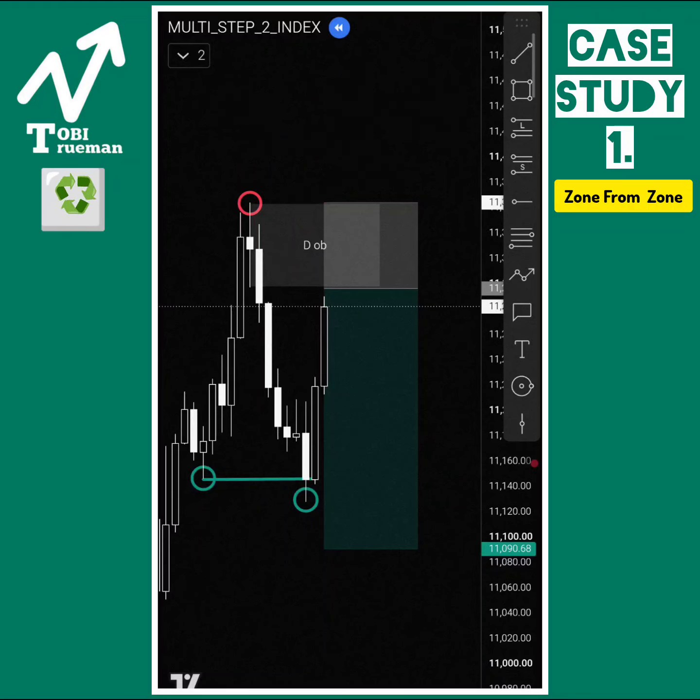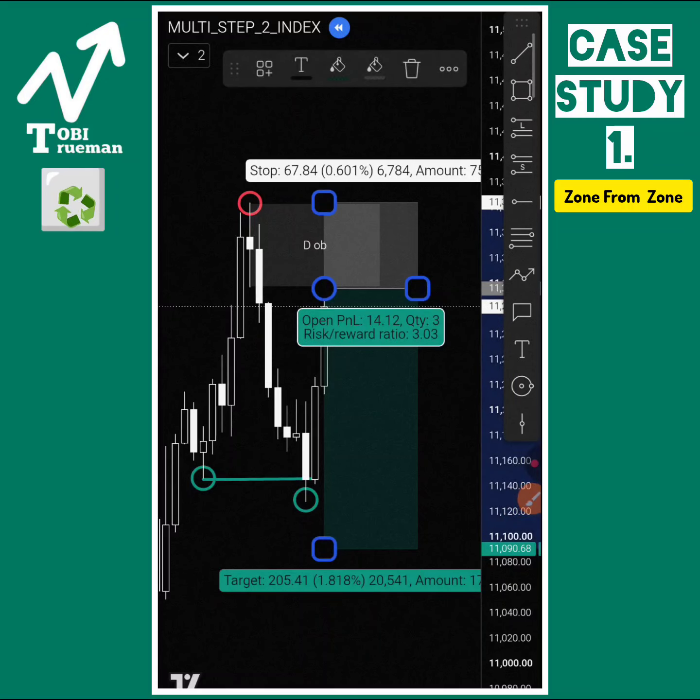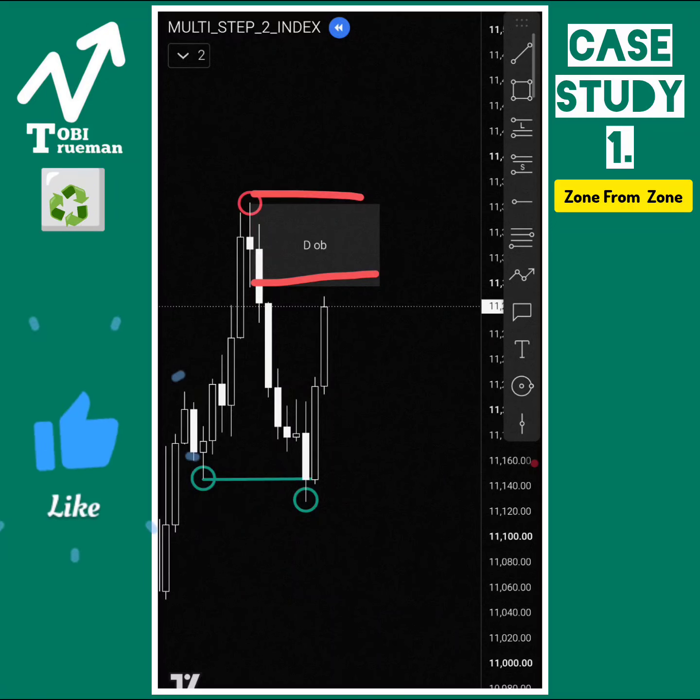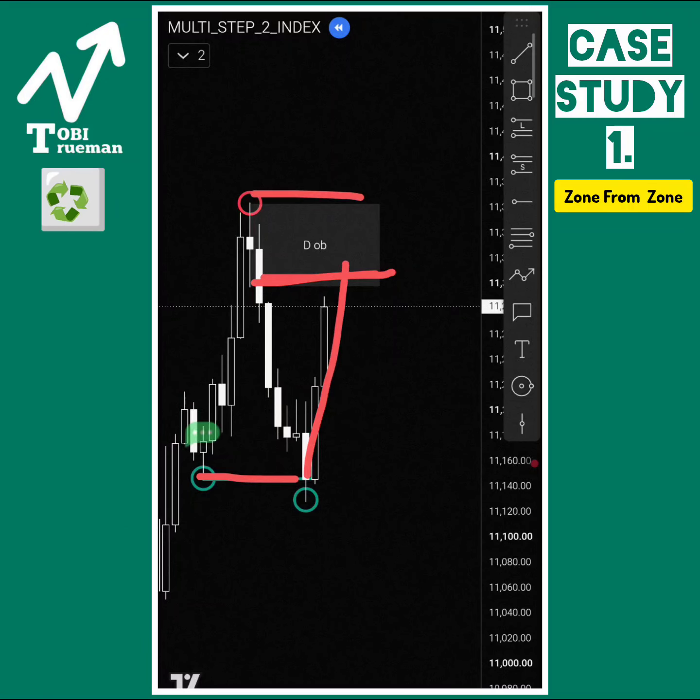Now we have to be patient and see what this trade is going to give us. We are not going to place a trade there, because if we just sell at this place because price has changed direction, this trade might fail. Price can go inside this supply zone, come back down a little bit, and then fail.